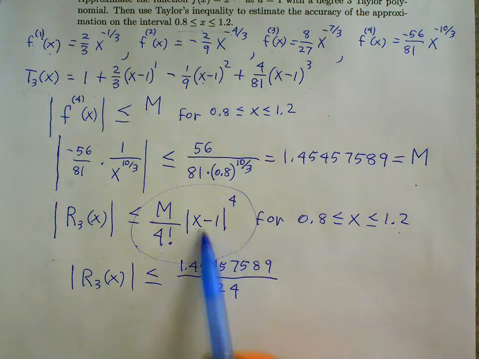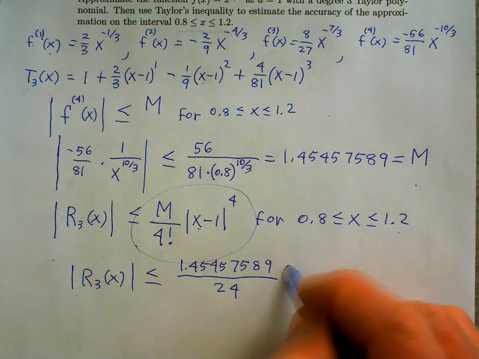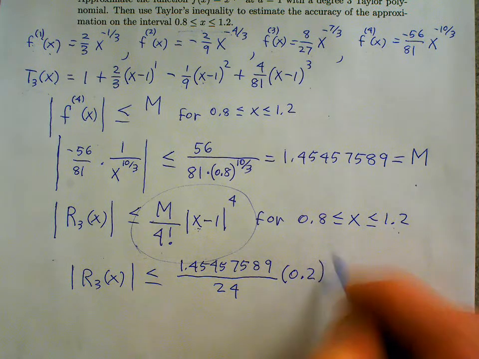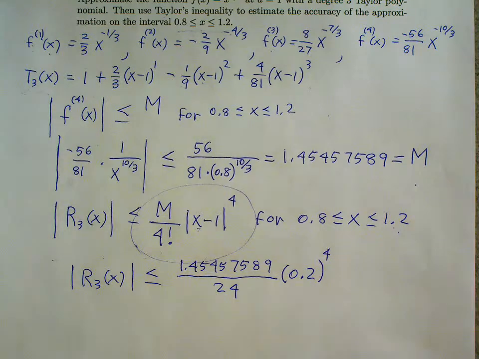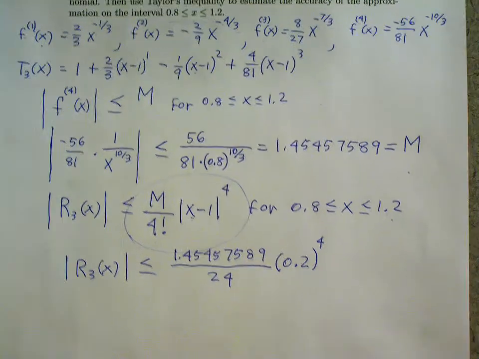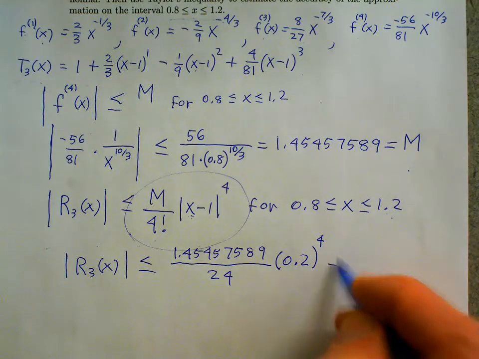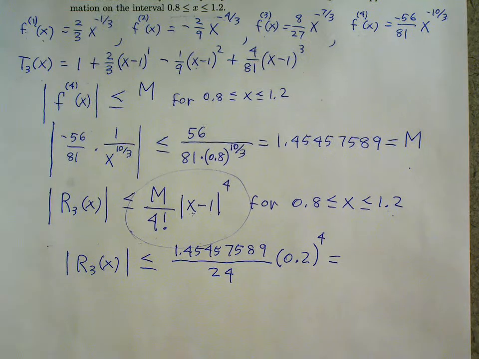And then 1.2 minus 1 is 0.2 to the 4th. And then key that into your calculator and see what you get.